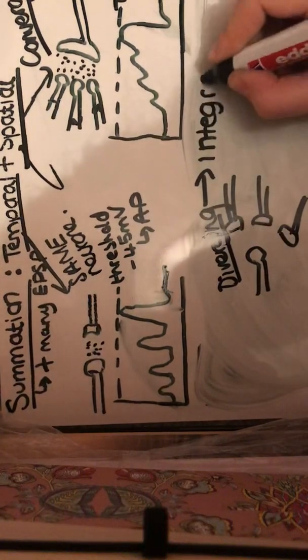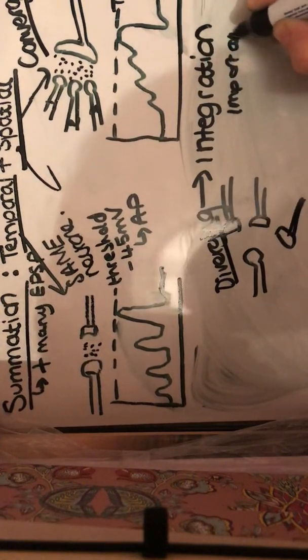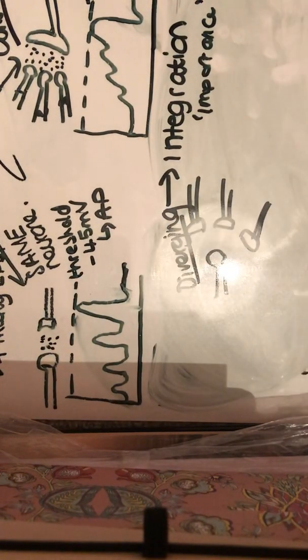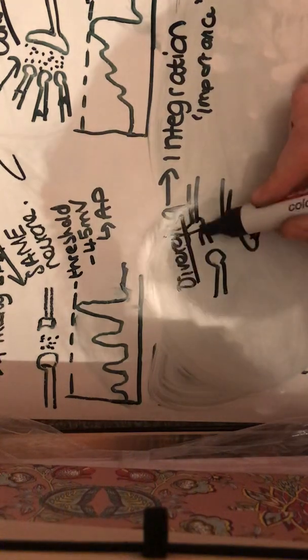So going off of diverging, another word would be integration, which is the role or importance of the neurons, and it allows one neuron to connect to many other neurons, so we're not only connecting to one, but connecting to 3 here. So yep, that's everything. Thank you for watching.